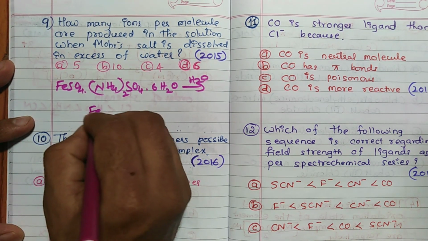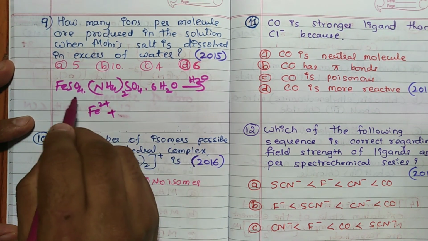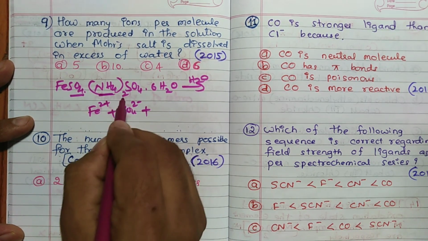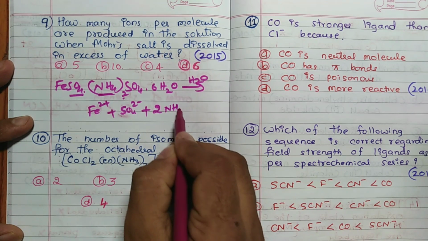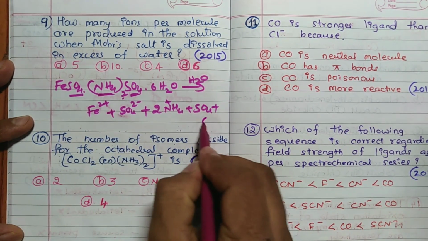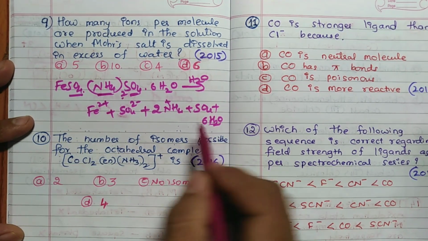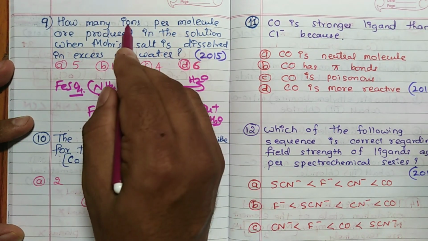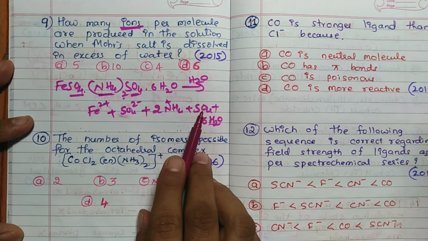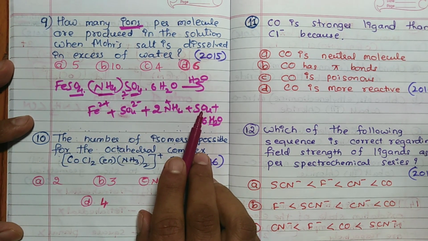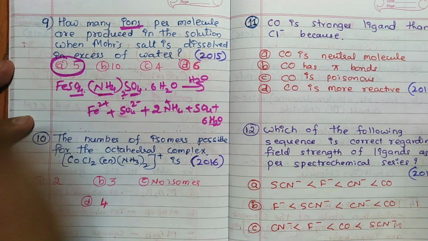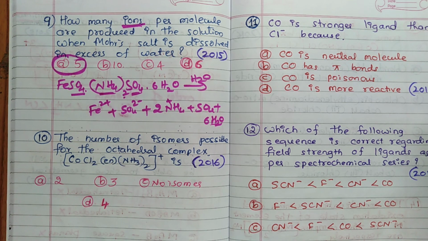So Fe forms Fe2+, SO4 here gives SO4 2-, plus (NH4)2 gives 2 NH4+, and 1 more SO4 2-. The water of crystallization is a neutral molecule, not an ion. They are asking how many ions, remember, so 1 plus 1 plus 2 plus 1, total 5 is possible. Hence the answer for this question is A, right?